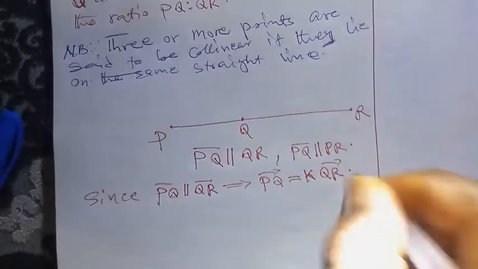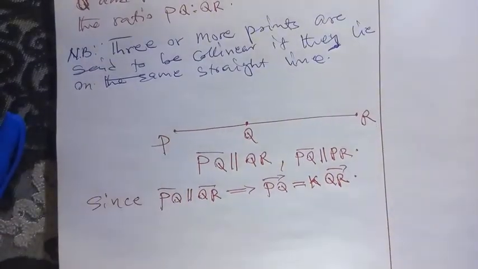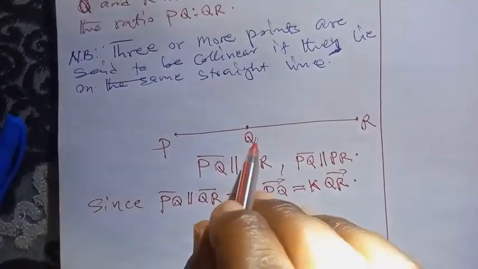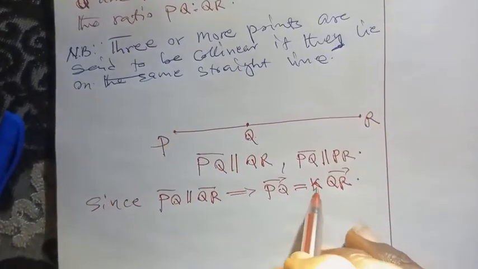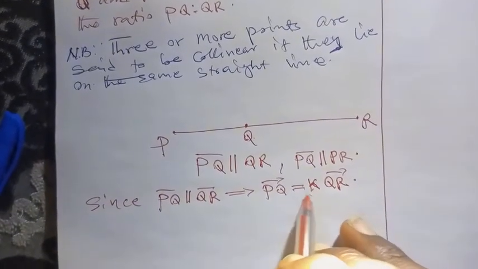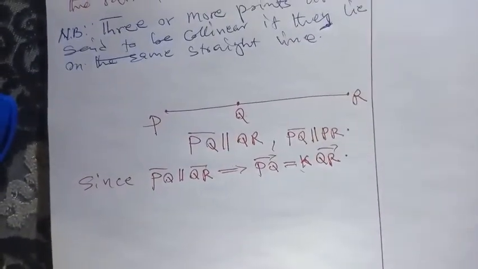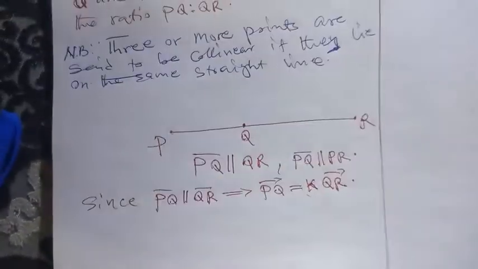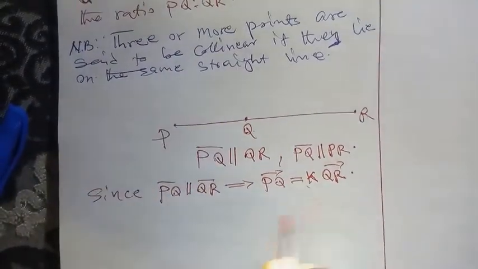That's the first thing that comes to mind when two vectors are found to be parallel. Vector PQ is parallel to vector QR, and that means that there is a constant that you multiply QR by to give you PQ. Or vice versa, you can reverse it: QR is equal to some constant times PQ.